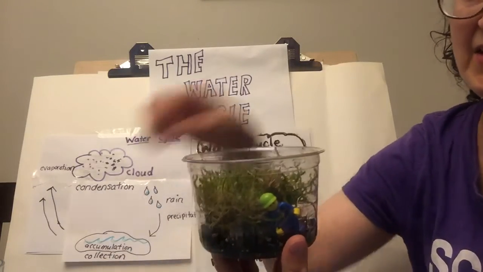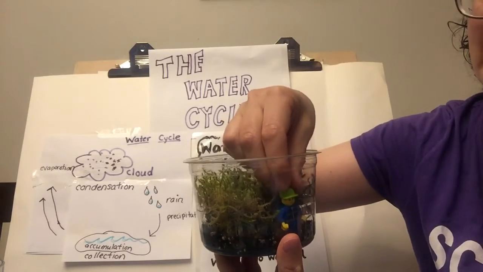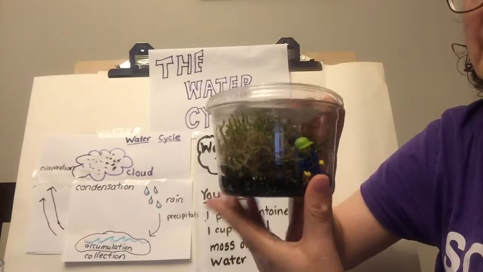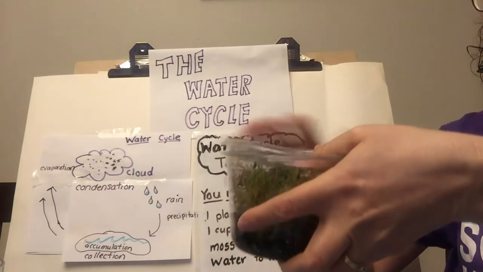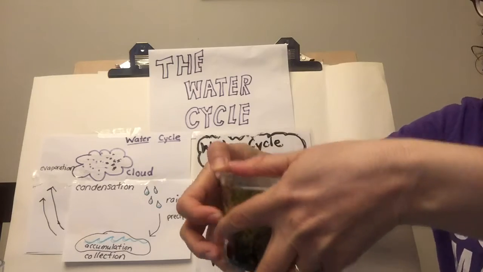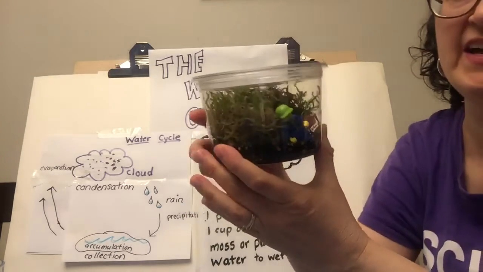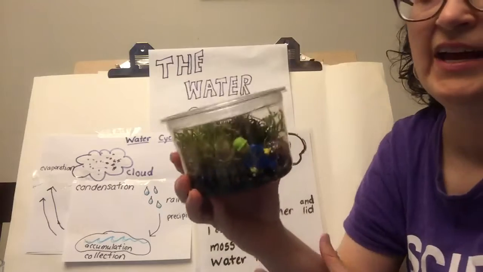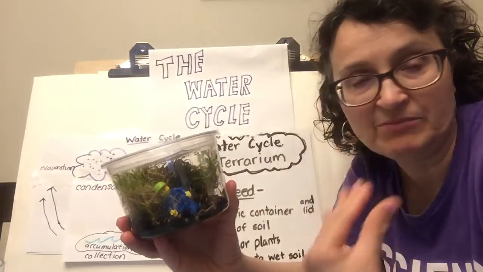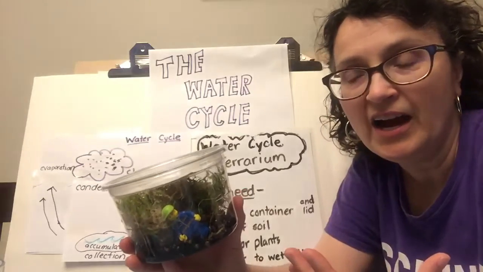And then, oops, I'm in there. And then put your lid on top. It's really important that you hold all of the water inside. You keep the water particles inside of the container. Remember how we said that the planet Earth keeps all of its water?